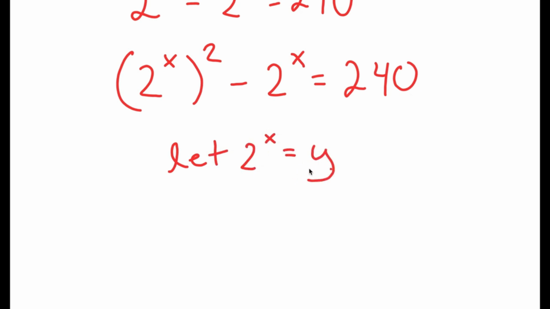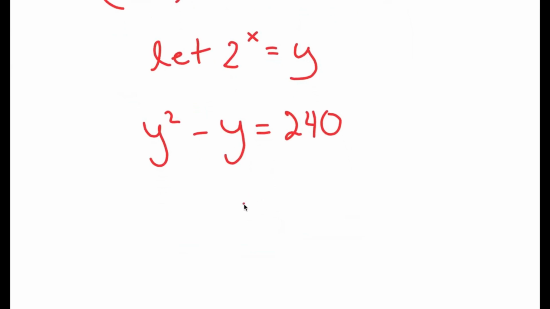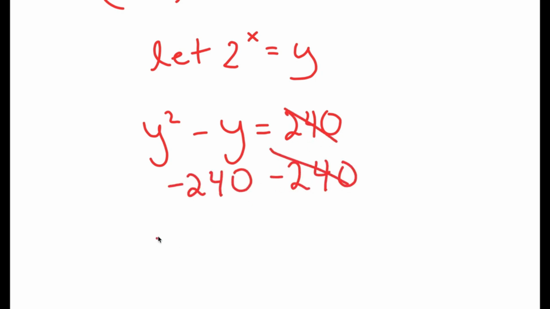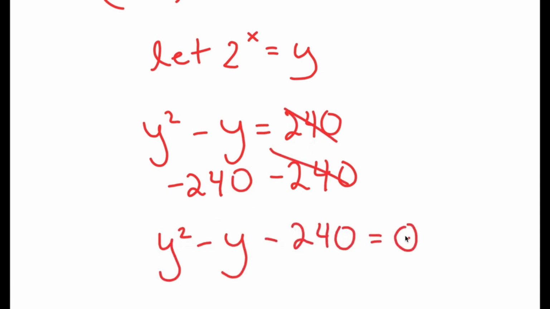So if I substitute in y for 2 to the power of x, I get y squared minus y is equal to 240. And now I can subtract 240 on both sides. So these two cancel out and I get y squared minus y minus 240 is equal to 0.